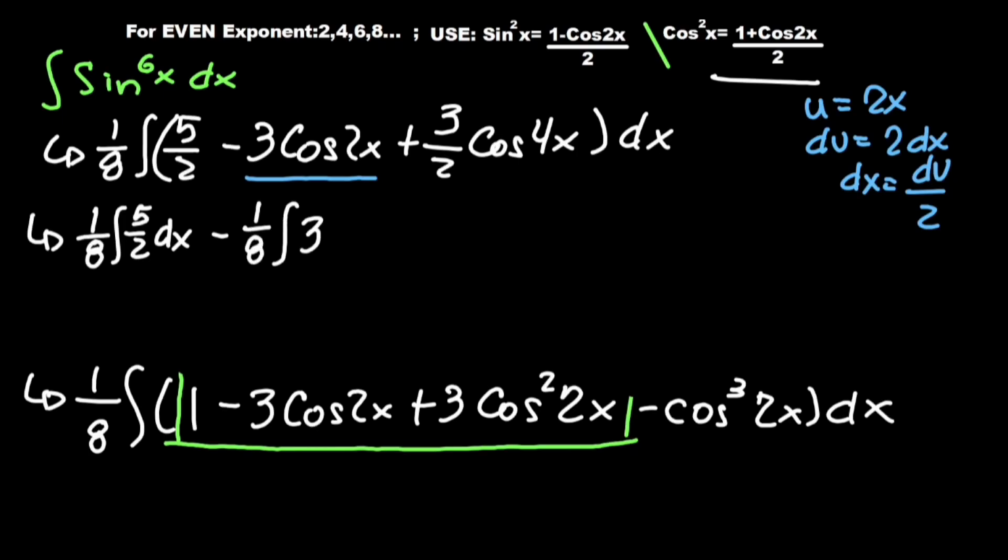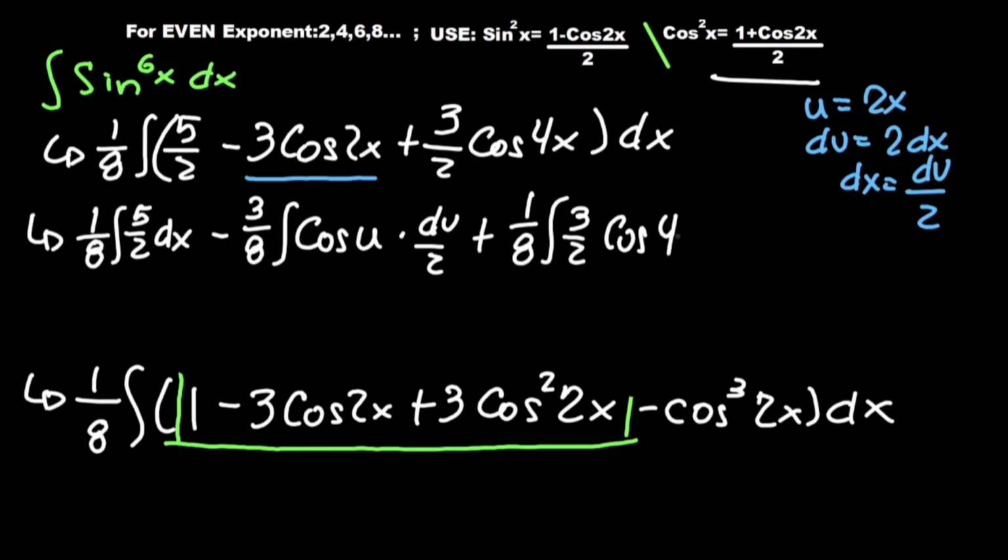Wait, we can put 3 outside. So this should be 3 over 8. Cosine 2x here is u, and dx right here would be equal to du over 2, plus 1/8 integral of 3/2 cosine 4x dx.